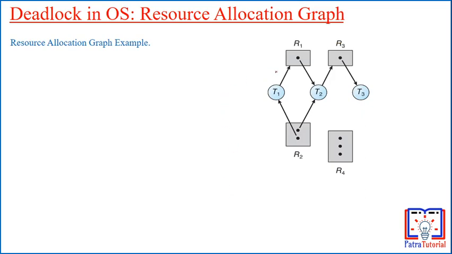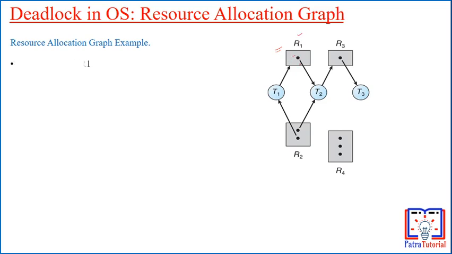Let us have a look at this resource allocation graph. As I said earlier, it consists of two types of vertices: this round shape and this rectangle. The round shape vertices represent the processes and the rectangles represent the resources. Now see, R1 is a resource consisting of only one instance.